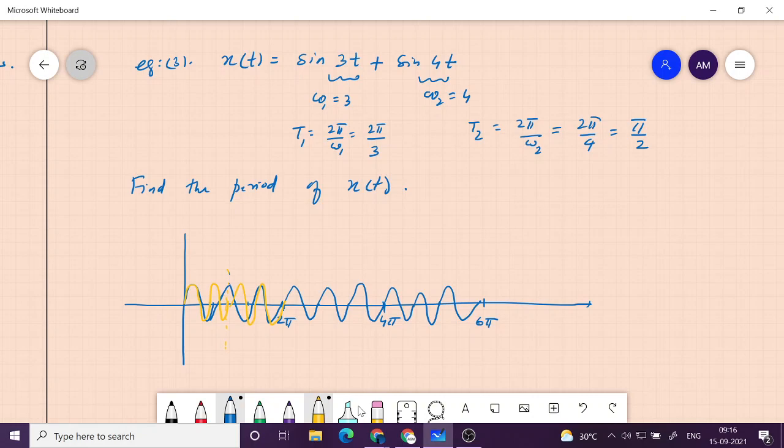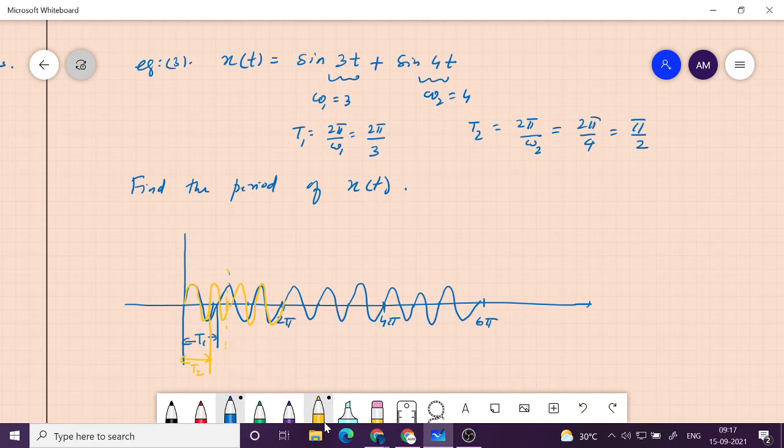So what we found out is that the period of the first signal is like this. This is our T1, which is 2 pi by 3, and the period of the second signal is a little less, and this is your T2.